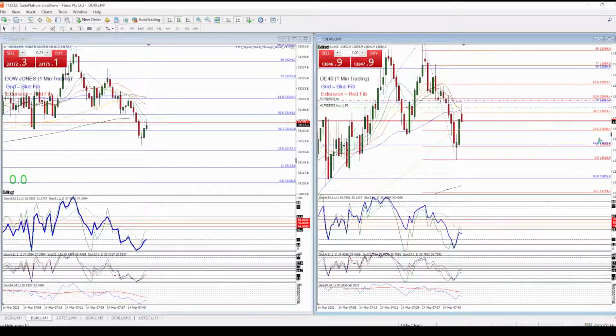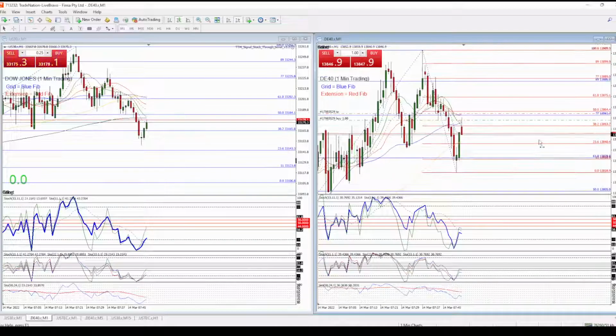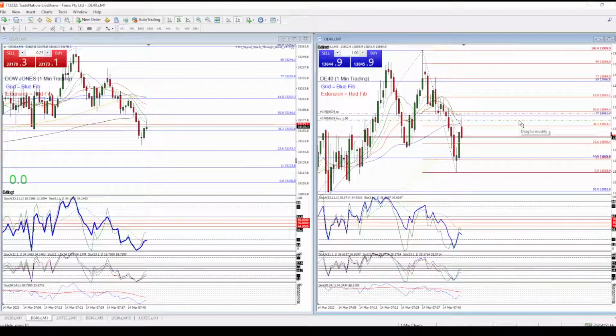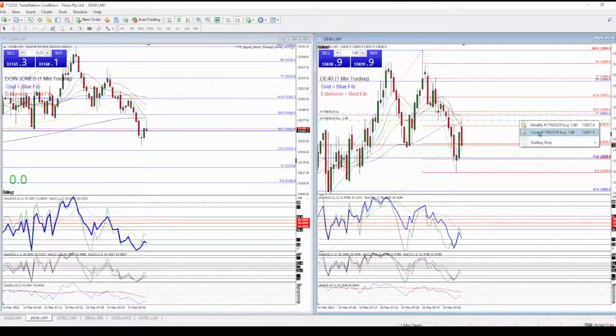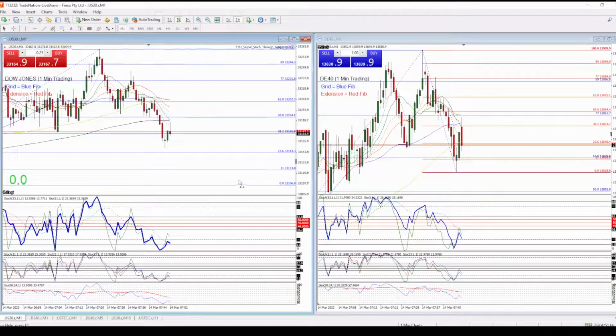Keep in mind, stop on this trade below 23.6. Just a quick entry. I'm out of that trade.